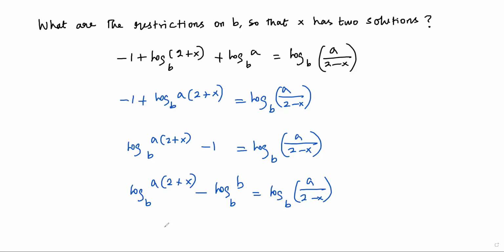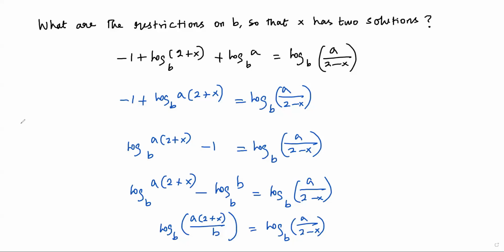Whenever two logarithms are in subtraction, we can write the logarithm once and divide the arguments, that is, a times (2 plus x) over b equals log a over (2 minus x) to the base b.